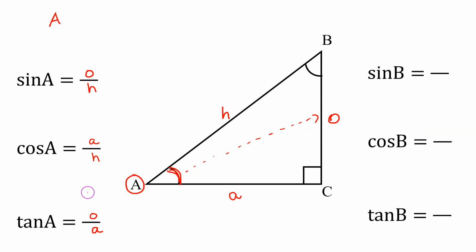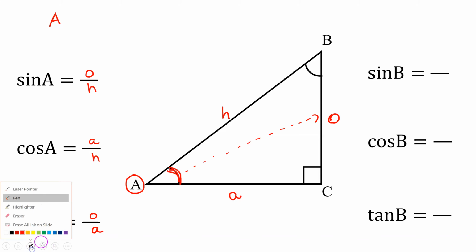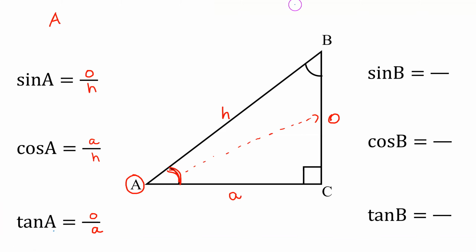Now let's take a look at angle B, and I'll switch colors. So let's do angle B in blue. Angle B is over here. So if we were to follow along with what we did over here for sine of A, we did opposite over hypotenuse. But now for angle B, the opposite side is over here. So the adjacent side for angle A is the opposite side for angle B. And then same thing over here.